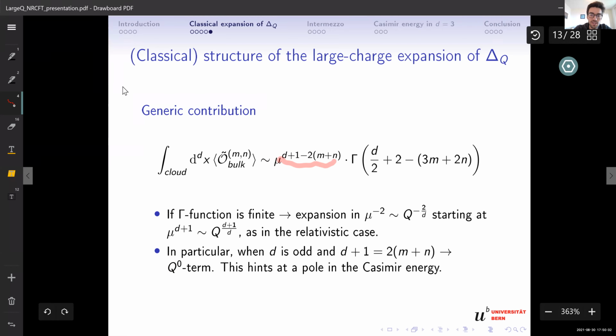Because this condition can be satisfied. This being equal to 0 can be satisfied when d is odd, and so you have q0 terms. And this actually tells you that you should expect a pole in the Casimir energy, and you will have to use this operator to renormalize the theory of the Casimir energy at some point.